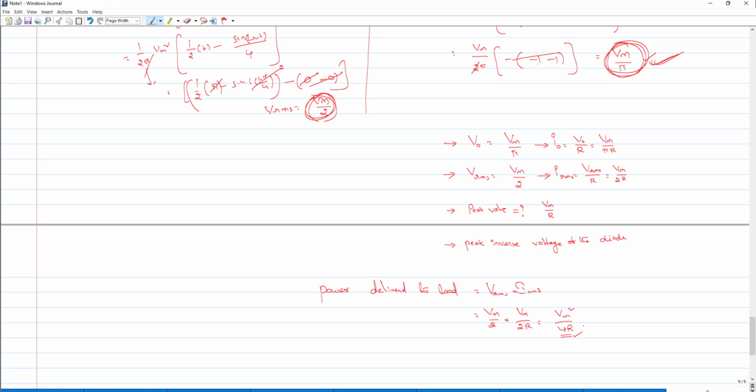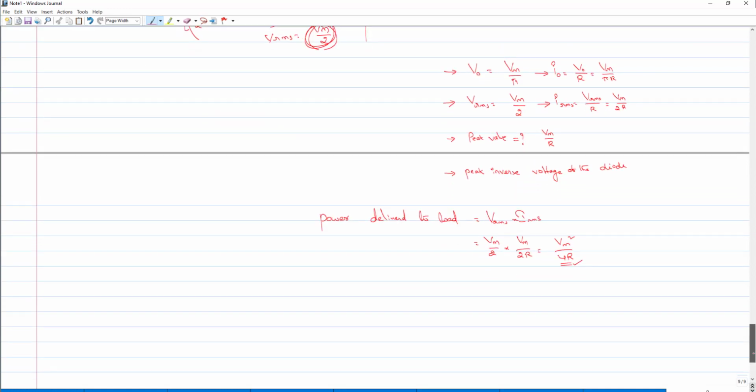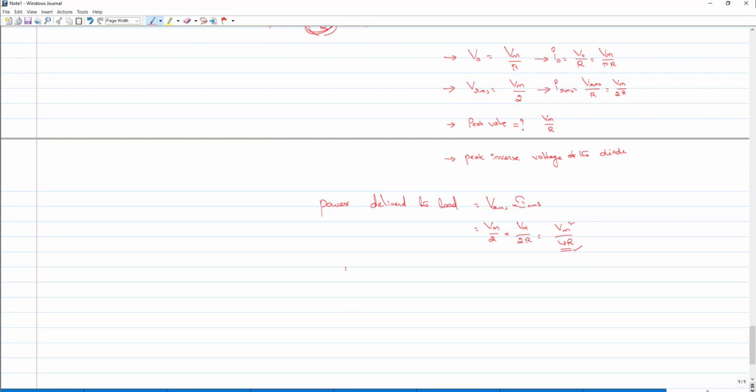Now another important parameter, that is input power factor. You may wonder where the power factor is coming into the picture here. I am talking about the input power factor, that means the input side of this waveform. What is the power factor that is observed here? You know the definition of power factor.